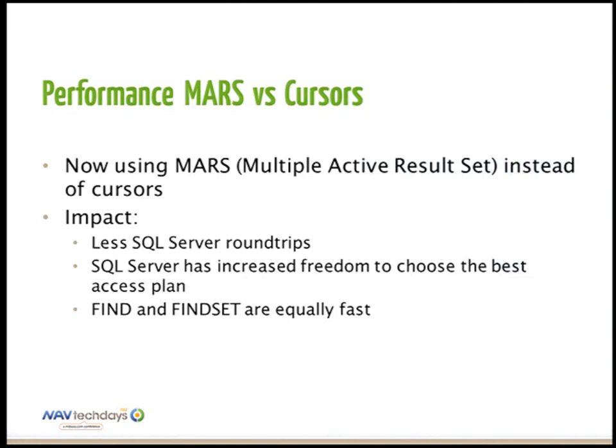There's been a lot of talk in the past about, should I use this find method or that find method? All this talk was relevant because find set was not using cursors, whereas find was using cursors most of the time. That whole discussion is basically eliminated now that we don't use cursors anymore.